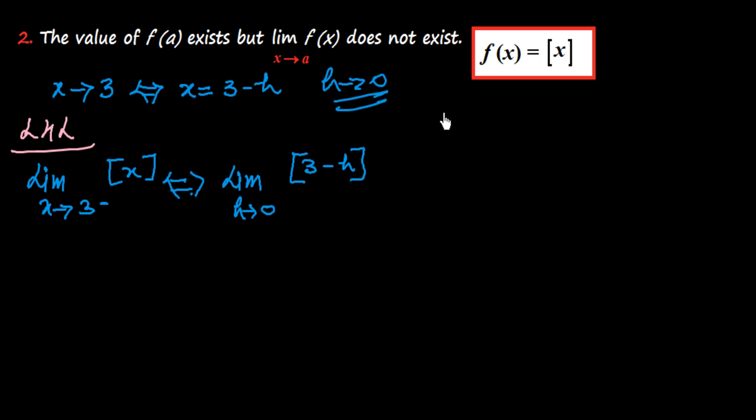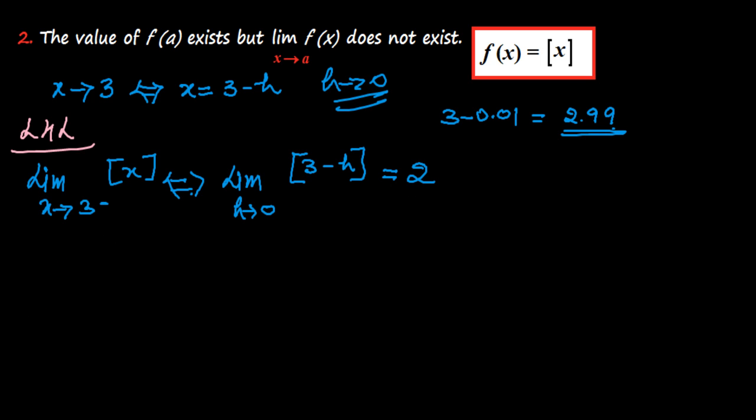So if h is 0.01, we get 2.99. So we get the greatest integer value of 2.99. Whatever the 2 point something, we always get 2. So the limit would be 2 for this.